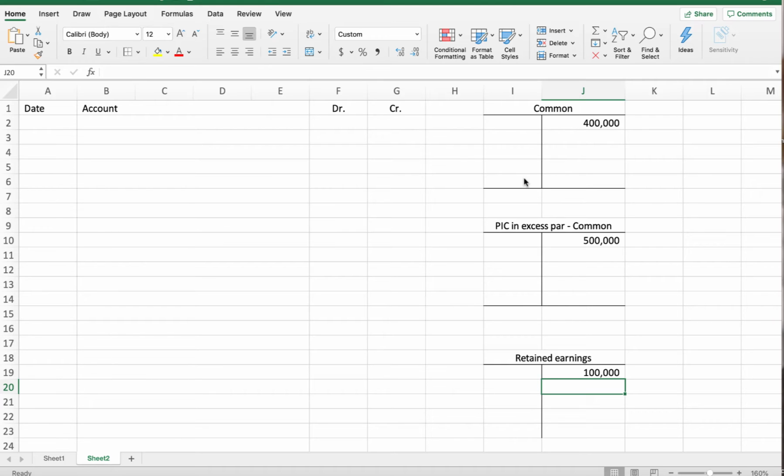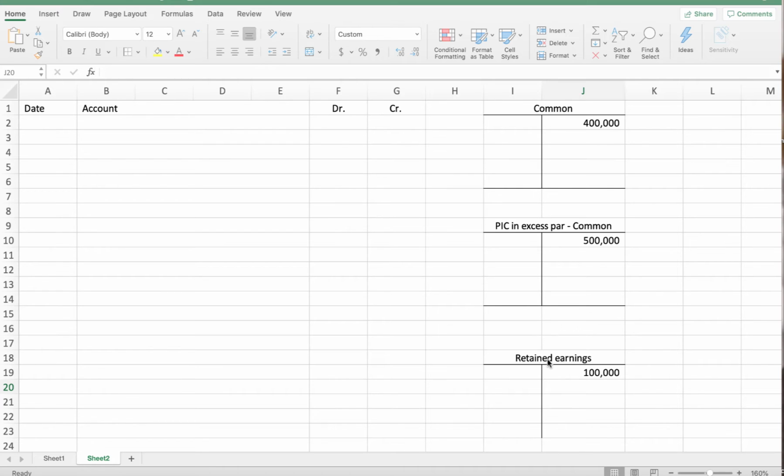So what I did already was I went ahead and took the information that they give us. And if you see over here on the right, I have common because they give us the balance of the common stock account as of January 1st, 2017 to be $400,000. Paid in capital in excess of par of common stock is $500,000.